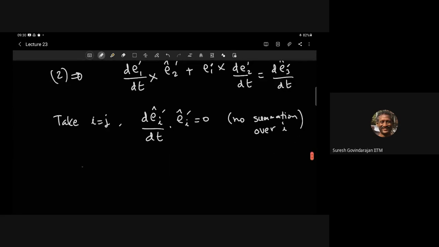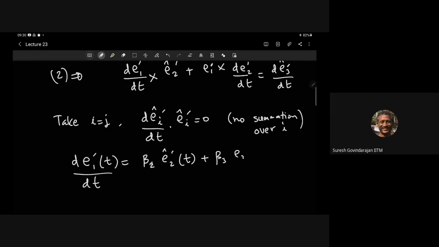So in particular, for instance, if you have e_1 prime of t, that would be some coefficient, let's call it beta 2, times e_2 prime, plus beta 3 times e_3 prime. I can expand it. There will be only two parameters, and these can also depend on time, of course.